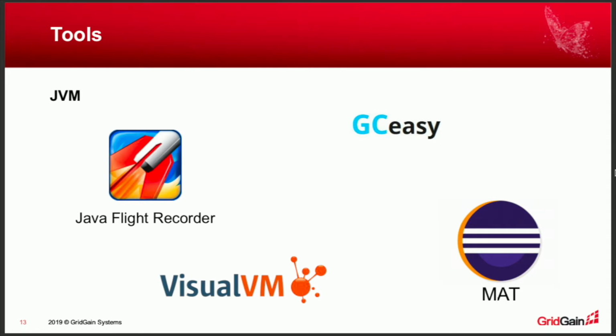For garbage collector logs, there is also a set of tools that can be used. It can parse your logs and build plots of memory consumption levels and GC pauses, and it's more convenient than just looking into the text and trying to figure out what's going on with your GC. You can use, for example, the GC Easy website that can build this kind of visual information about your GC based on garbage collector logs.